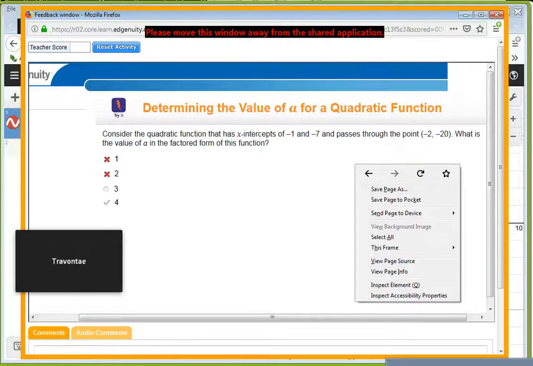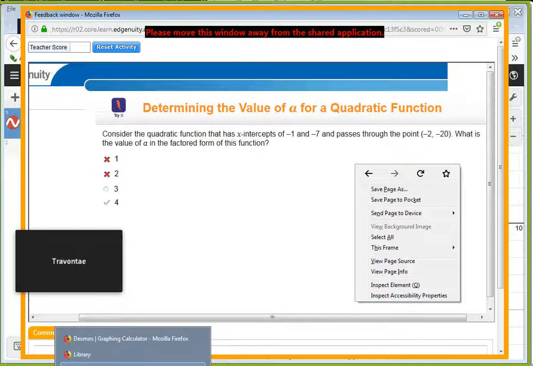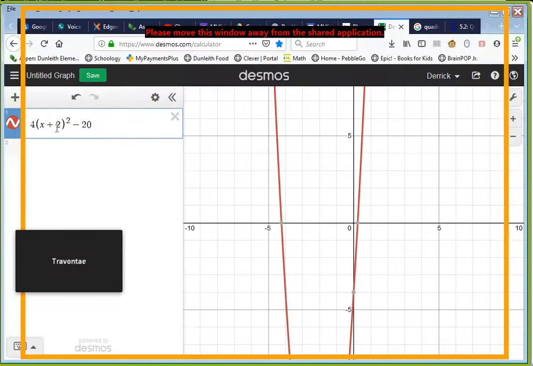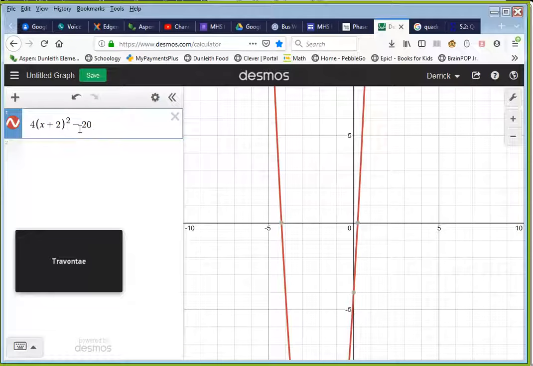The a is actually supposed to be 4. So let's go back and do what it said. Isn't it 4 right now? Yes, it is.